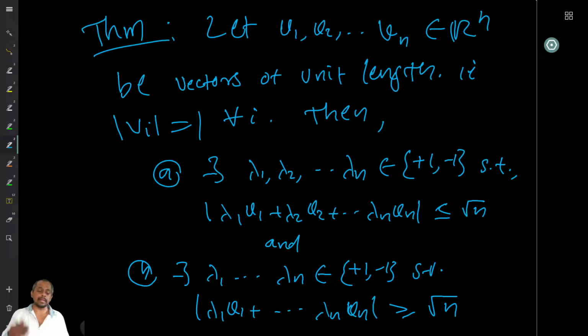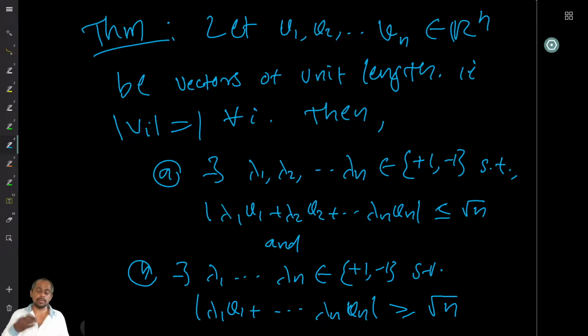Basically, you are taking vectors, scaling them with lambdas, and then adding these vectors. Then you look at the norm of the sum. The norm is less than or equal to root n.